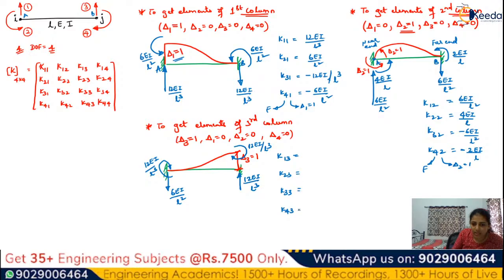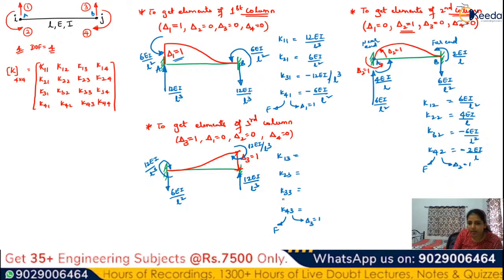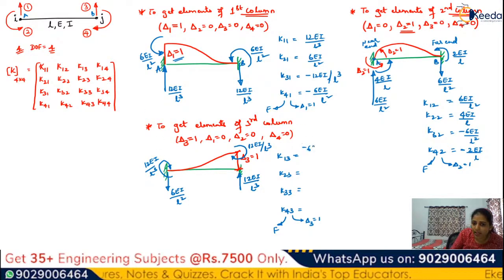What is the meaning of this? We are applying unit displacement in the third coordinate and we are trying to see what forces are developed in the first, second, third and fourth coordinates. Now let us see one by one. The first coordinate is a vertically upward force, but here there is a vertically downward force, so this will be minus 6EI by L square.